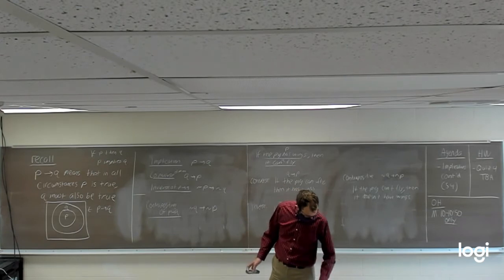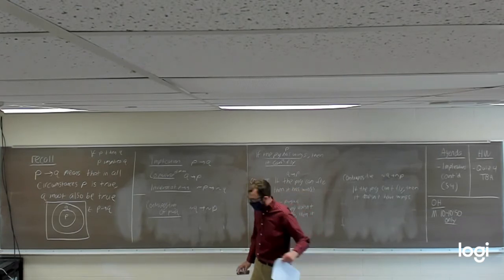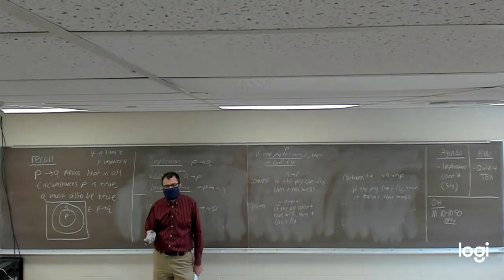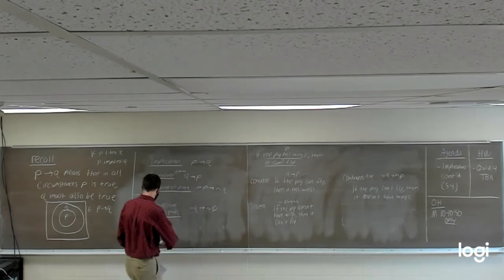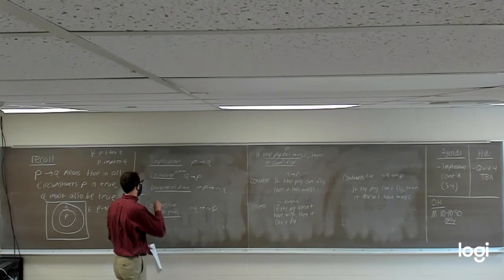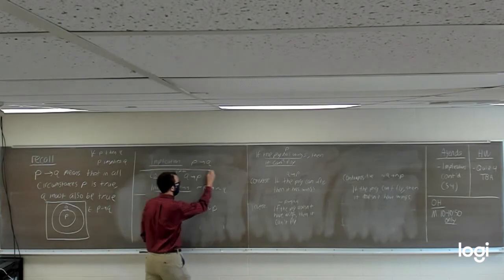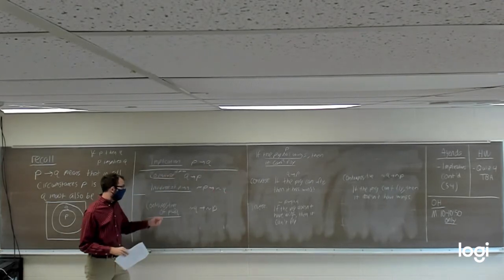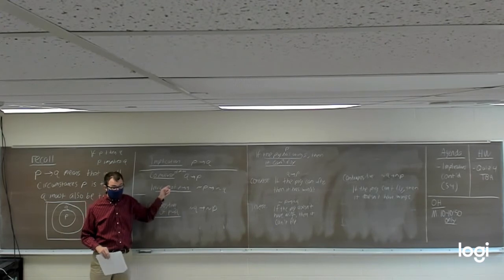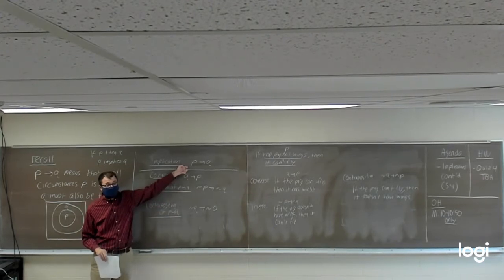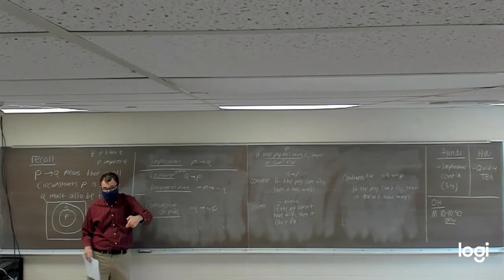So there's several more statements here I encourage you to try with. And here is going to be my challenge for you for the next several minutes. Given an implication of the form P implies Q, one of these three statements is going to be logically equivalent to the original one. Your job is to find out which one.